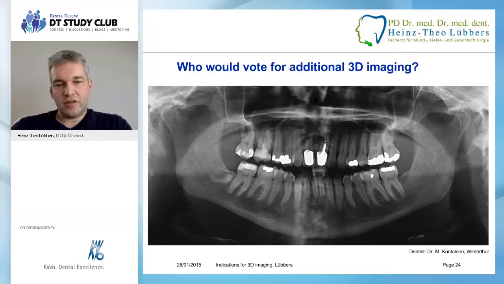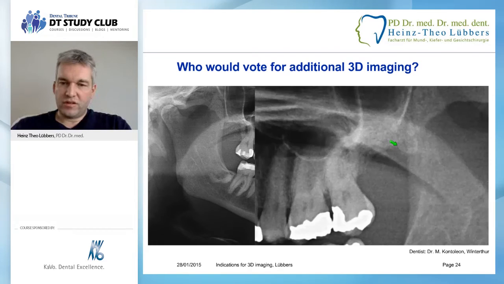This is another case, not really a wisdom tooth, but related to wisdom tooth removal. The patient had a problem not in this area that was clinically clear, but in this area there was a feeling of pressure and sometimes pain, and there was liquid coming out. And this was several years after wisdom tooth removal.